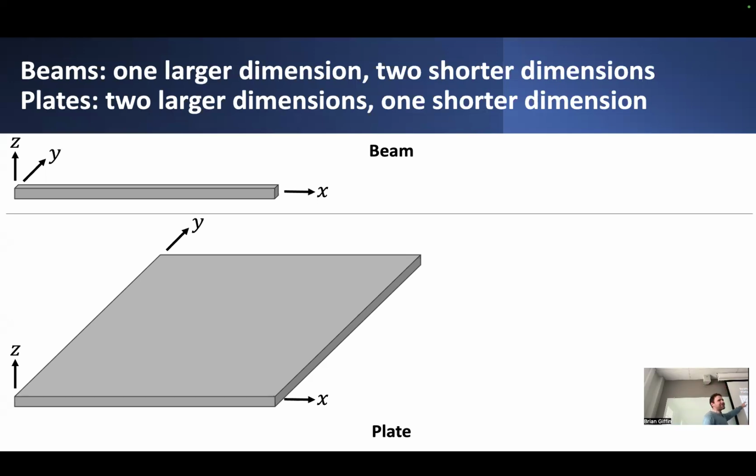We'll call them the transverse directions, and the long dimension we'll call the axial dimension. A plate is kind of analogous in the sense that rather than having one long in-plane dimension, it has two long in-plane dimensions and one characteristically short or thin dimension. So we'll still call this the transverse direction, but we'll call X and Y the in-plane dimensions of the plate.